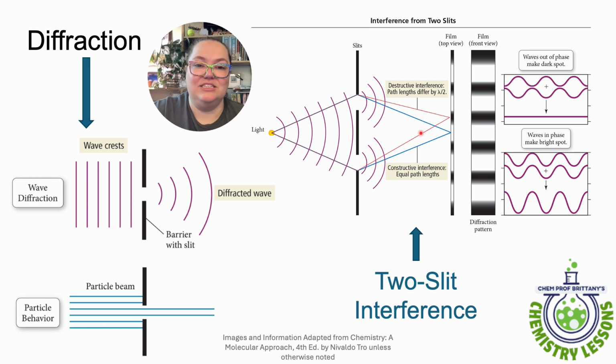Where the waves cancel each other out, we get these dark spots. So this is an interference pattern that you would see with the two-slit experiment. So again, if they are canceling each other out through destructive interference, we're going to get a dark spot, as shown here. And then if they are adding together for constructive interference, they're going to give you a bright spot, and that's shown here.